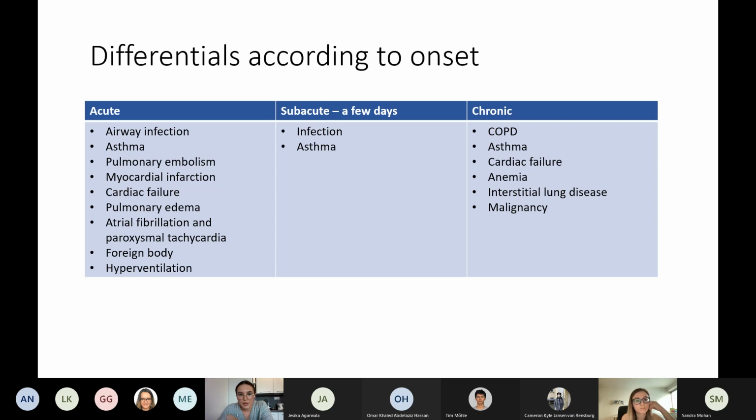Then you have cardiac failure with its associated complications and manifestations such as bilateral limb edema, anemia, interstitial lung disease, and malignancy. But these are just overviews and things that you shouldn't have to memorize, but the things that you acquire over time. So don't panic when you see these things, it's just for you to look at later.